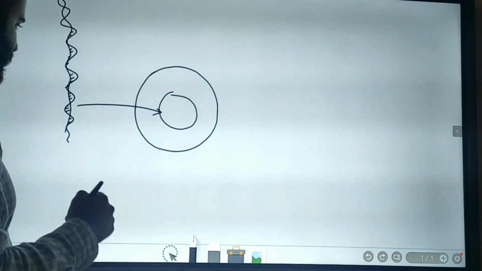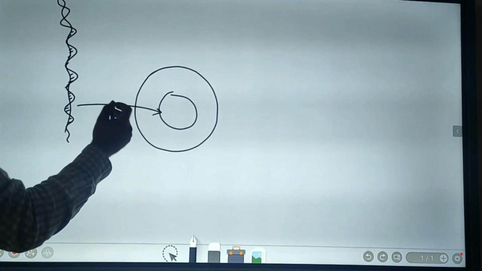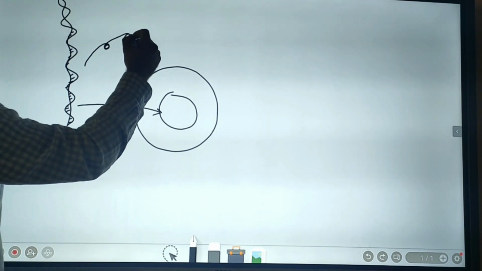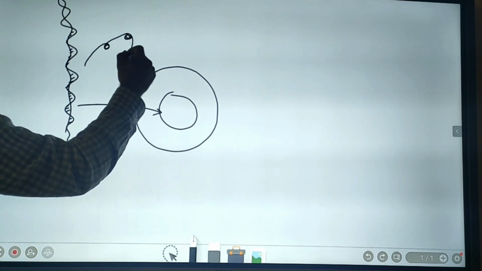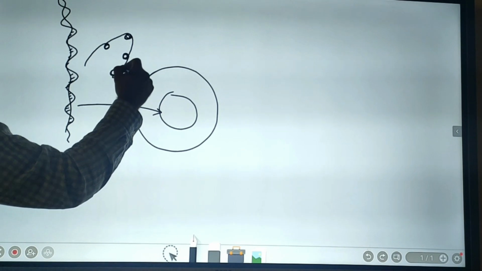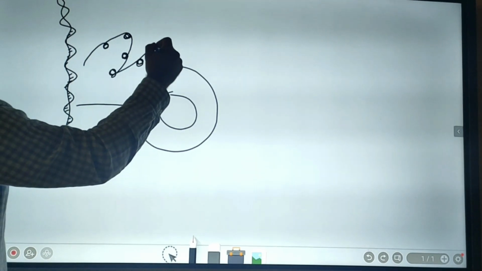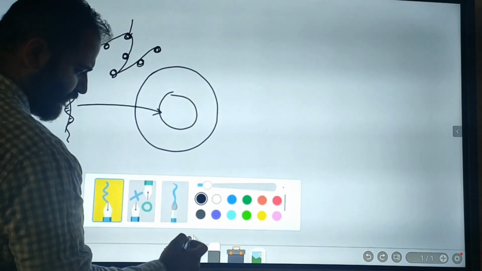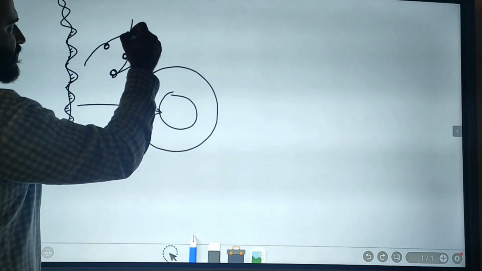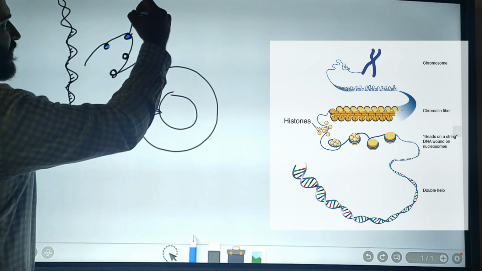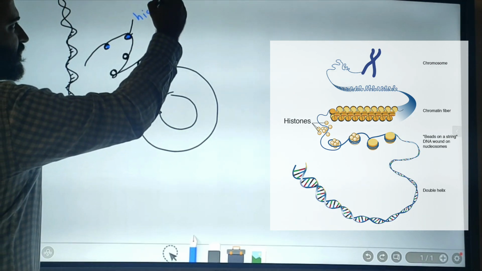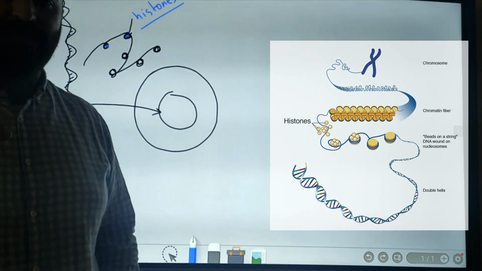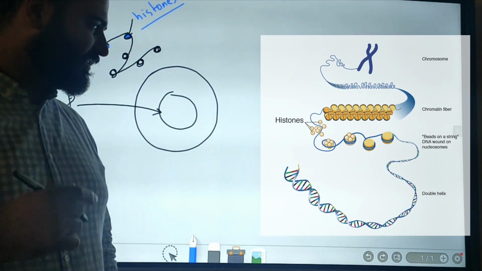The first round of packing is it will coil around proteins to form nucleosomes, and these proteins are called histones. So histones are proteins that help in the process of condensation of the genetic material.